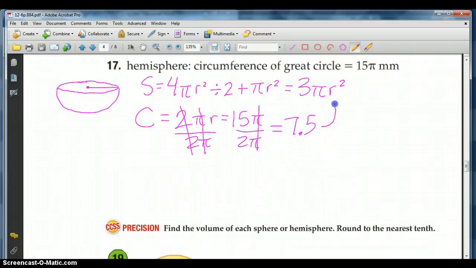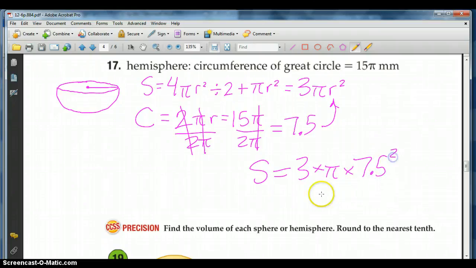So if we substitute this in, our surface area of the hemisphere is 3 times pi times 7.5 squared, which is approximately 530.1 square millimeters.